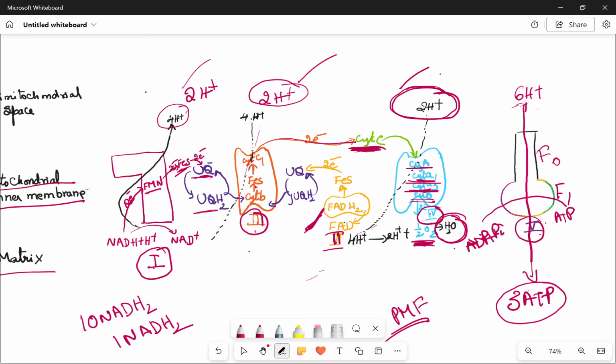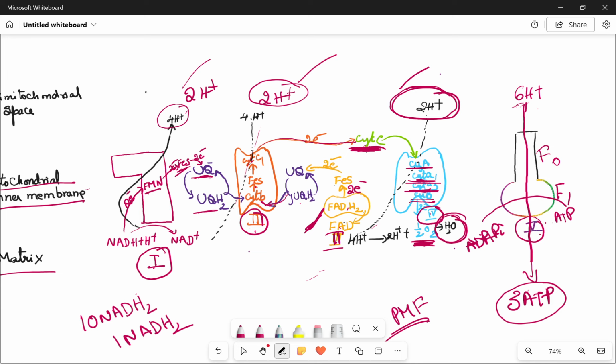Now, come to FADH2. FADH2 also releases 2 electrons and becomes FAD. The 2 electrons are passed to FES and to ubiquinone. This is the second complex, the succinic dehydrogenase complex.